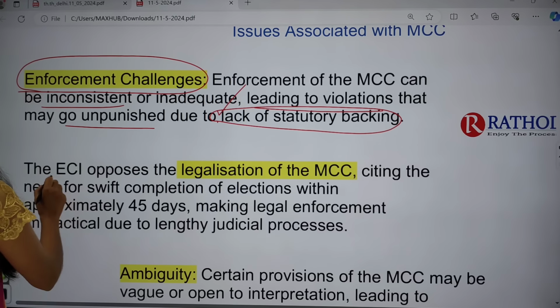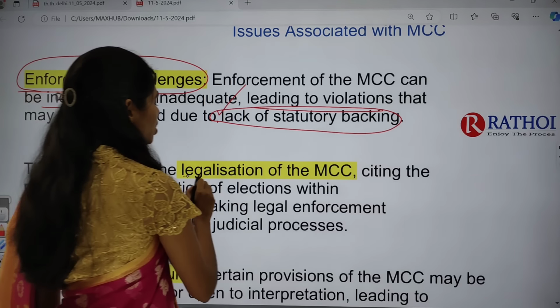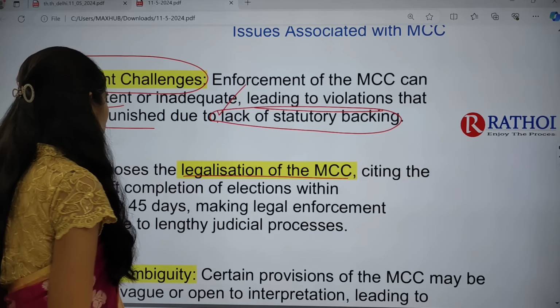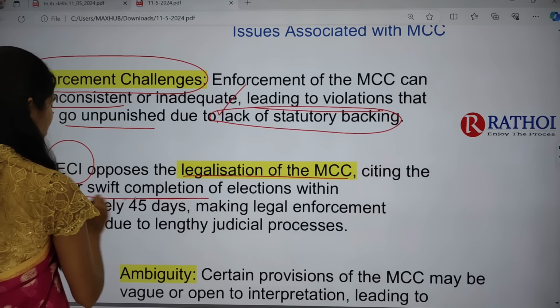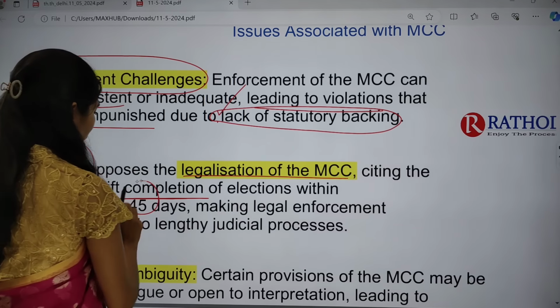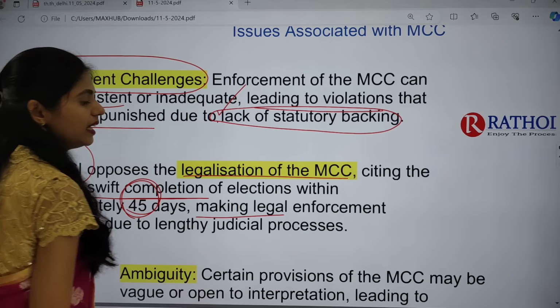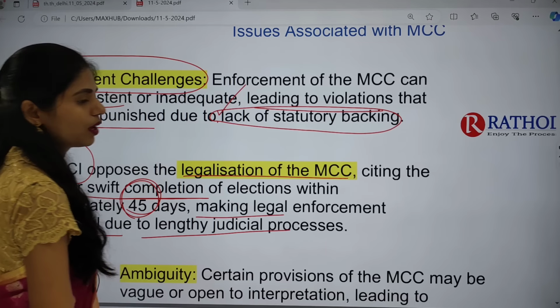The next one is that the Election Commission of India opposes legalization of the MCC, citing the need for swift completion of elections within approximately 45 days, and calling legal enforcement impractical due to lengthy judicial processes.